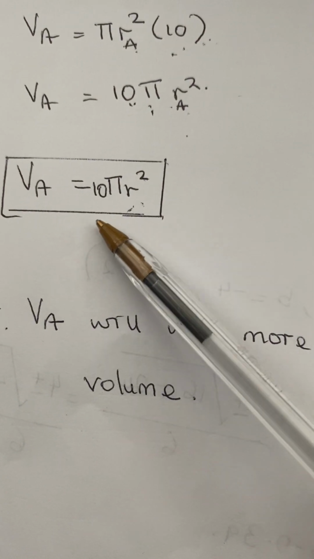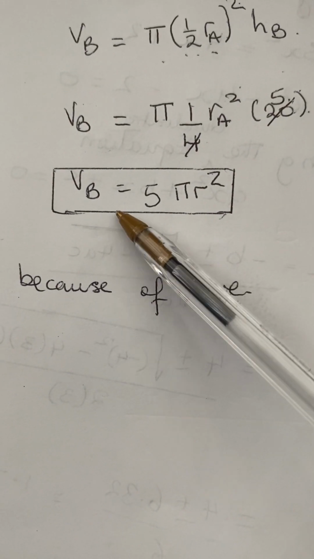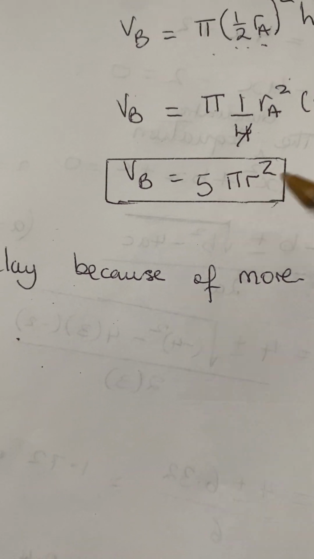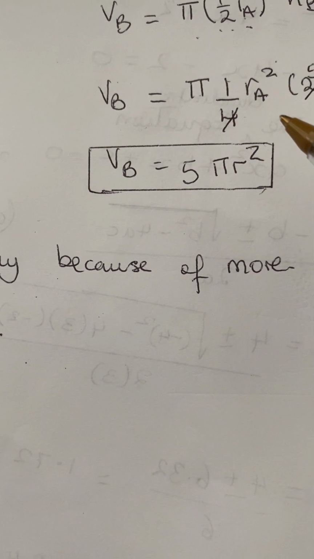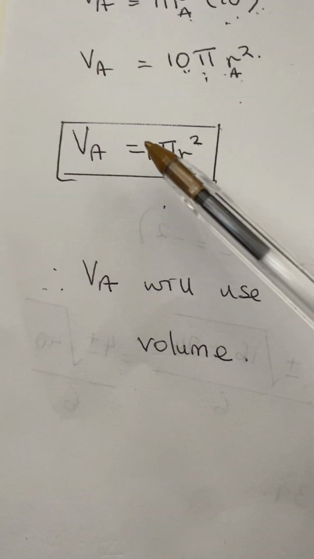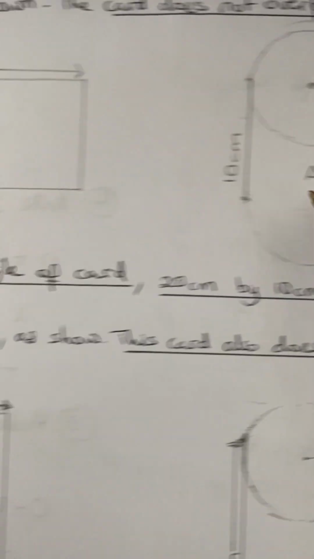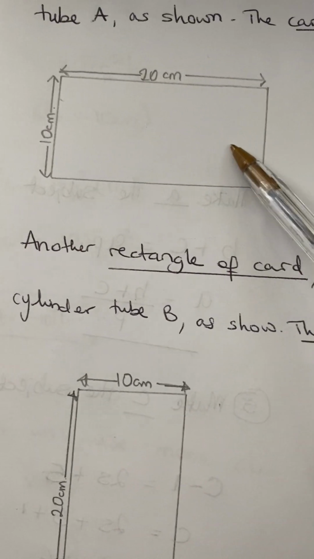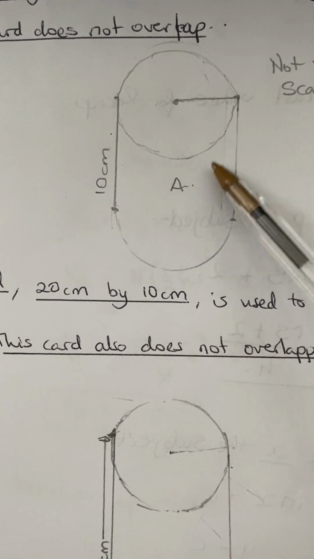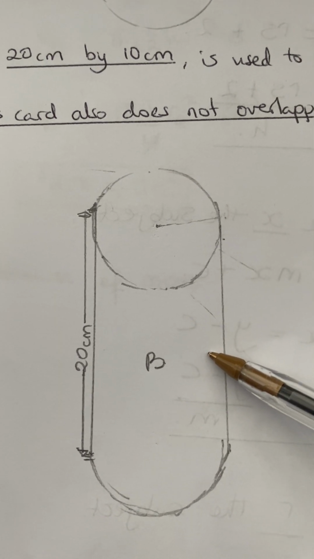So the volume of A will be 10 pi r squared, and the volume of B will be 5 pi r squared, which is half. So now you can see that the volume of A, this one, even though it is the same card turned the other way, will take more clay, and the second one will take half of that.